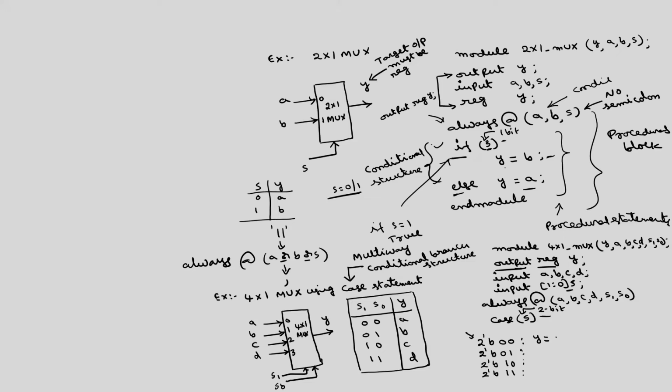Y is equal to A. So, 0 input is connected to A, semicolon. Here output y is equal to B, semicolon, y is equal to C, semicolon, y is equal to D, semicolon, end case, end module.